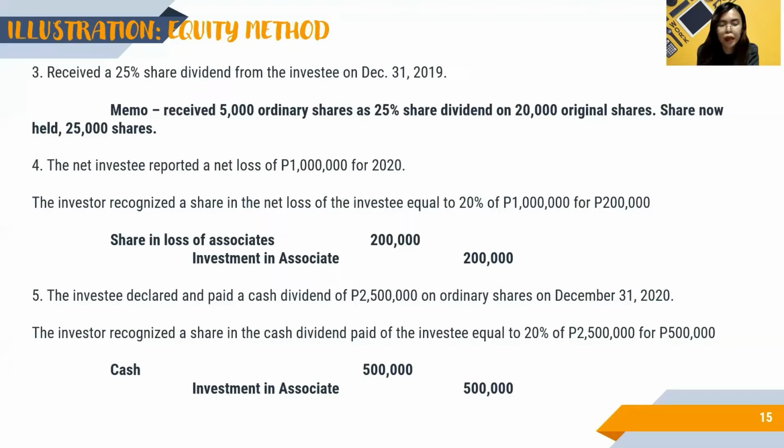So, pakitandaan sa equity method, ang galaw ng equity ni investee or ni associate ay siya ding galaw ng investment ni investor. Kung bumaba yung equity, bababa din yung value ng investment and vice versa. And kailangan nga lang alam mo kung kailan tataas or bababa ang equity ni investee.